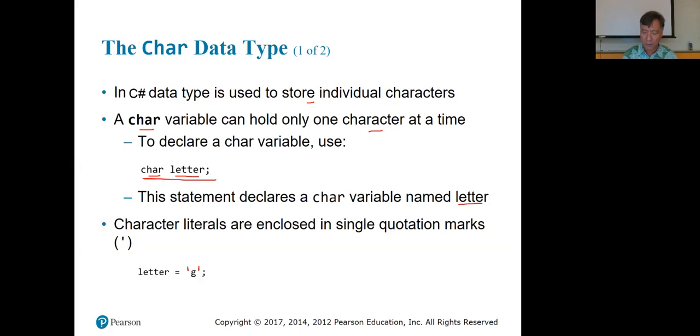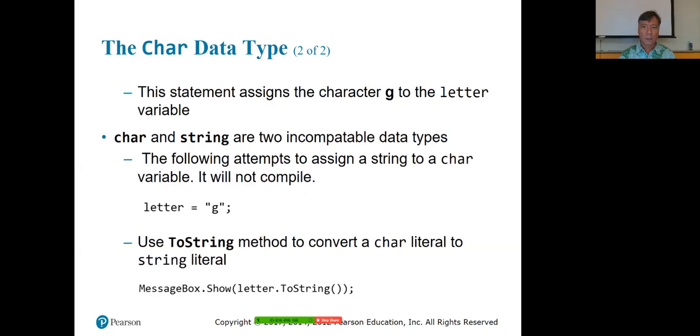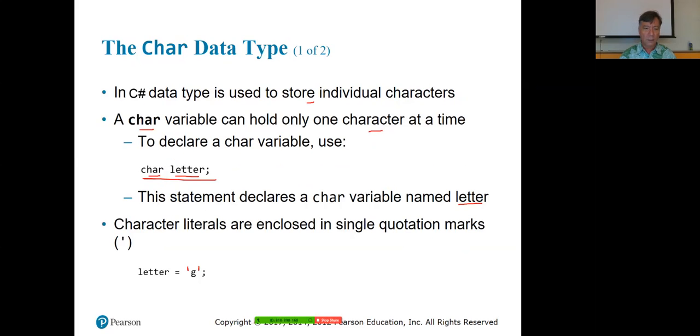In C#, it's more restrictive, and there are reasons for it. And so one way it's able to distinguish between a character type and a string type when you're assigning a value to a variable is by using single quotes versus double quotes. And so in this case here, we're assigning the single character G to the variable letter.